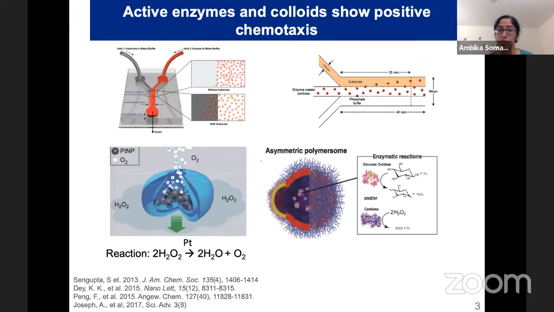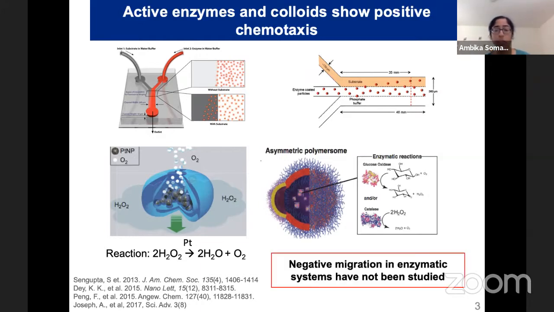Among the 4 studies that I show you here, whether it is enzymes or enzyme-coated particles, or catalyst-encapsulated soft particles, all of them show positive chemotaxis. That is, they move towards higher concentration of chemical. In the motors community, negative migration of enzymatic systems has not really been observed.